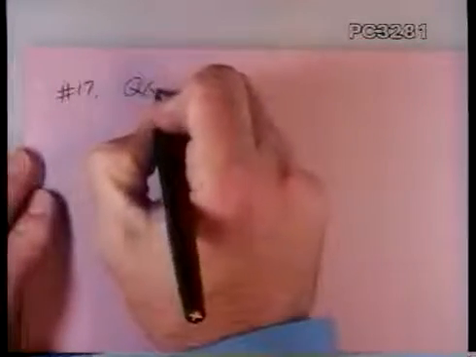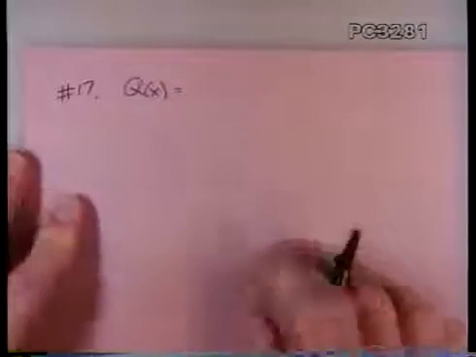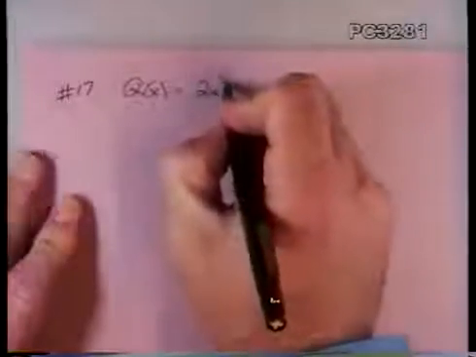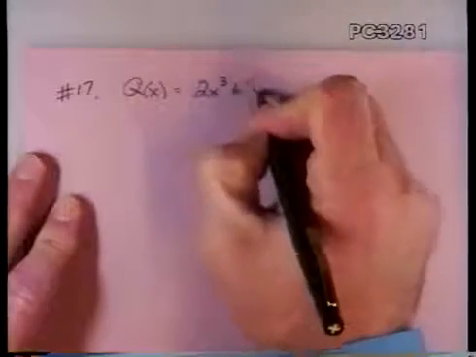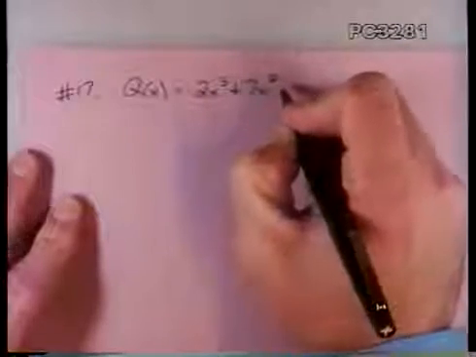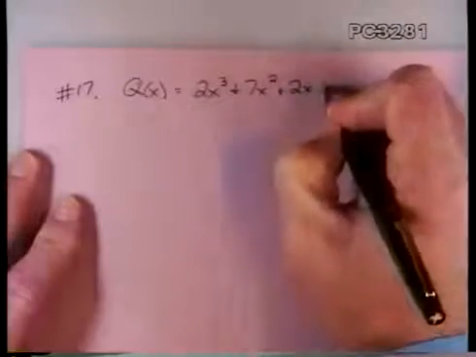I'll do number 17 with you. And then I want to look at number 21 to help you with number 18 and number 20. So let's look at number 17. Q of x is equal to 2x cubed plus 7x squared plus 2x minus 3.